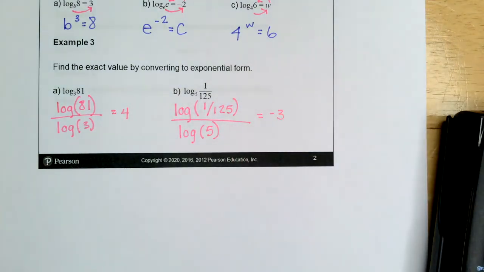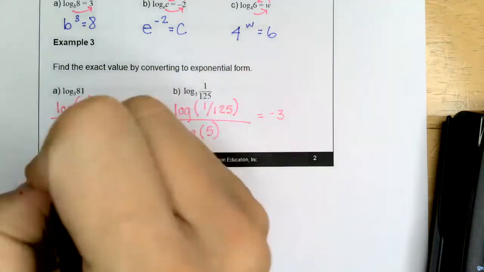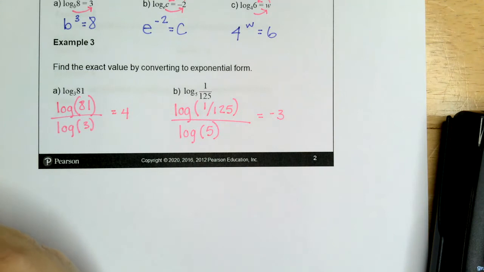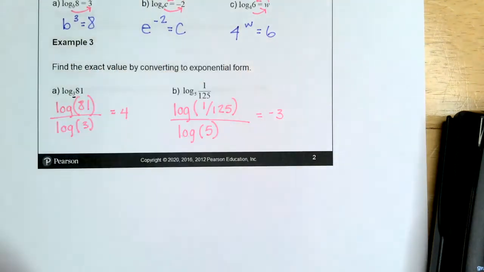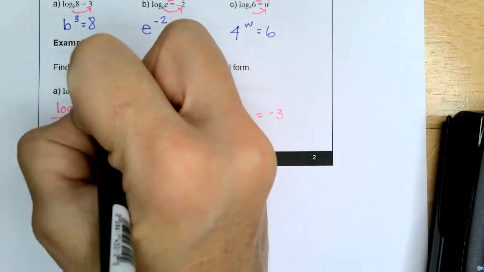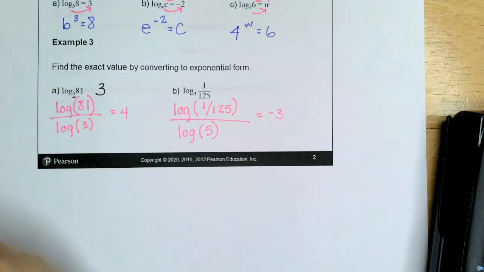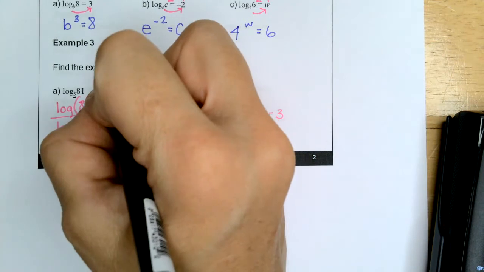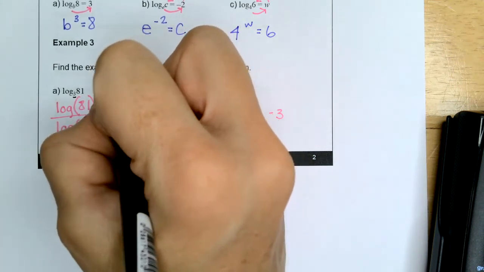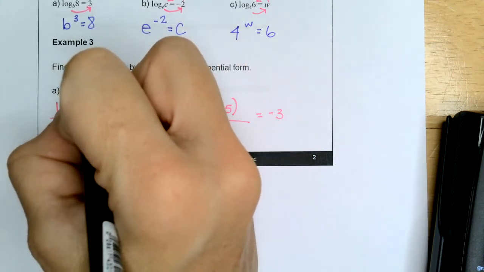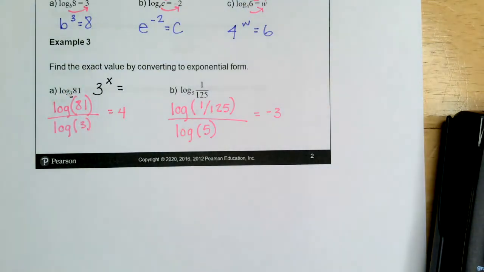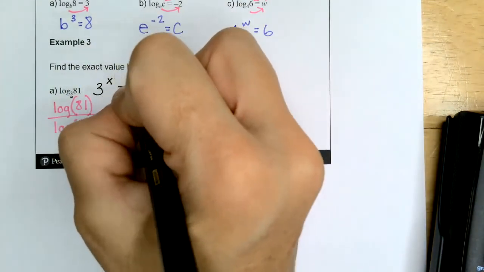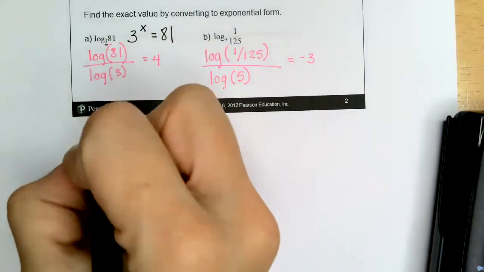Okay, but it says find the exact value by converting to exponential form. So that was one way to solve it with our calculator. Or we can convert to exponential form. So remember, we start with the base, log base 3, and then we say x equals, right? Because we're going in a circle. Log base 3 of x equals 81. Let me rewrite that.